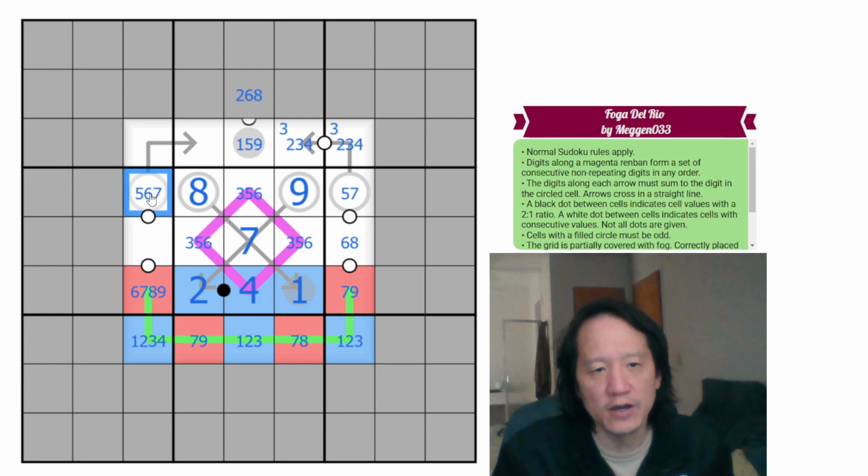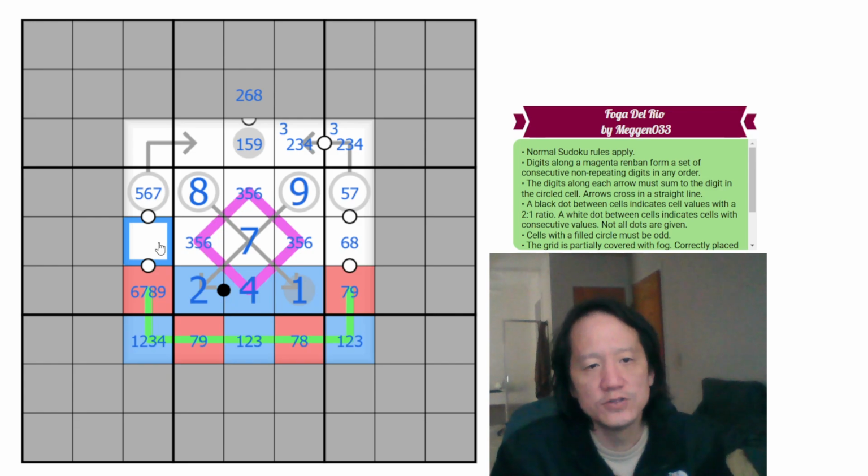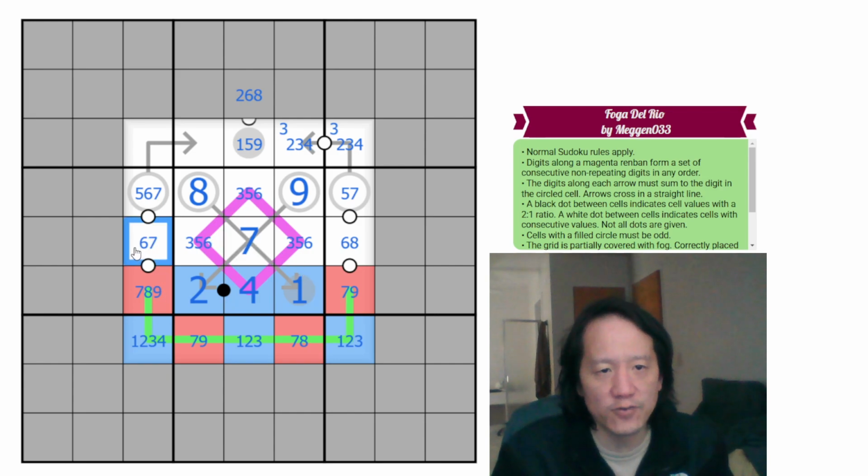Again, you cannot go down, because if it goes down from 5 to 4, that would have to be 3, but we know this is a high digit. Similarly, if this is 7 going down, 7, 6, this would be a 5, which is not allowed. So it always goes up. So this could be 5 to 6 to 7, or this is 6 to 7, but the problem is 7 can never be there.